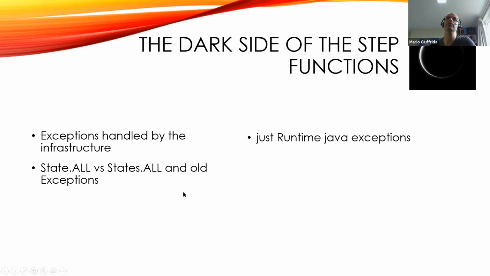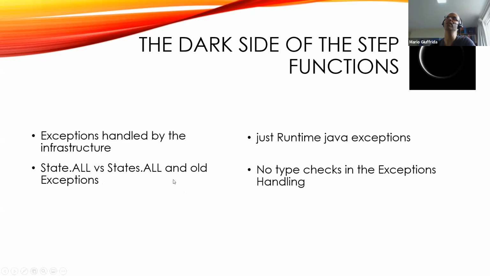Another thing that we noticed is that I told you before about States.ALL, which is basically a catch-all for exceptions that were not declared before. If instead of States.ALL you define State.ALL, there is an error here, the S is missing.